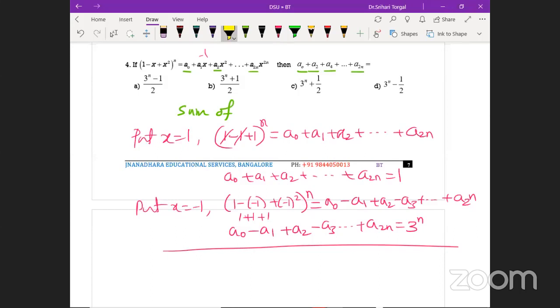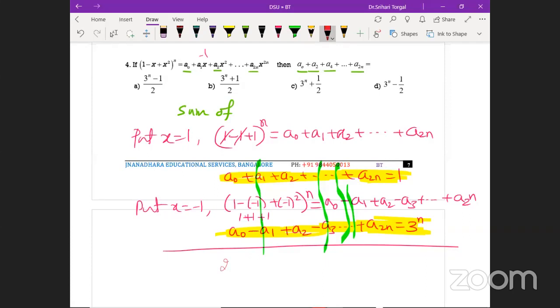Now if you simplify the whole term, A1 and A1 will get cancelled, A3 cancelled. All odd terms will get cancelled here, and you will be left with only even terms.